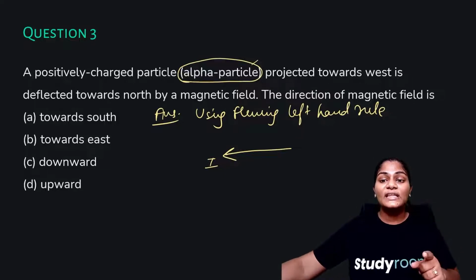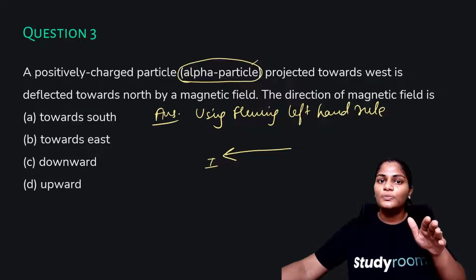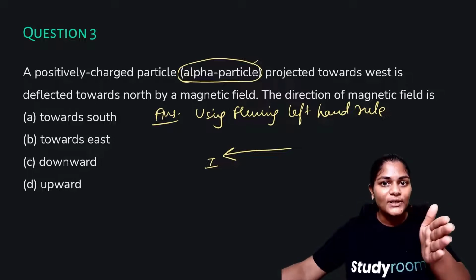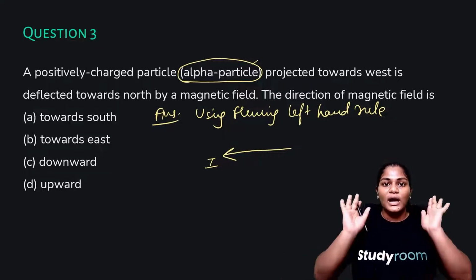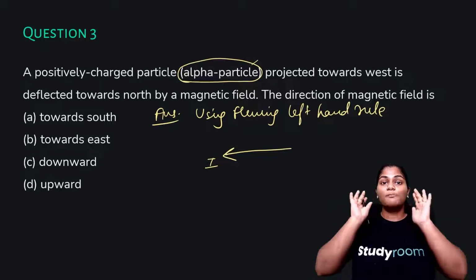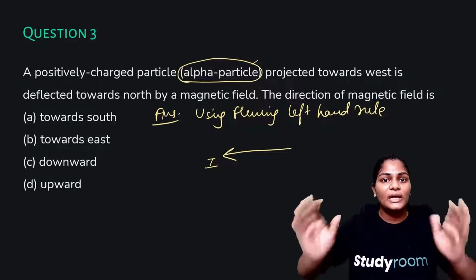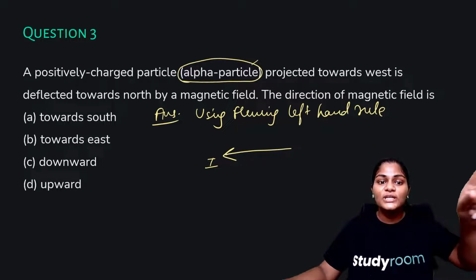Now it is saying that it is deflected towards north. Deflected towards north means that the force exerted on it is towards the north, right? Like if I push you in one direction, if I push you forward, you will not fall backwards, right? You will be pushed in the direction that I exert force on you. So it's saying that the deflection is towards the north.